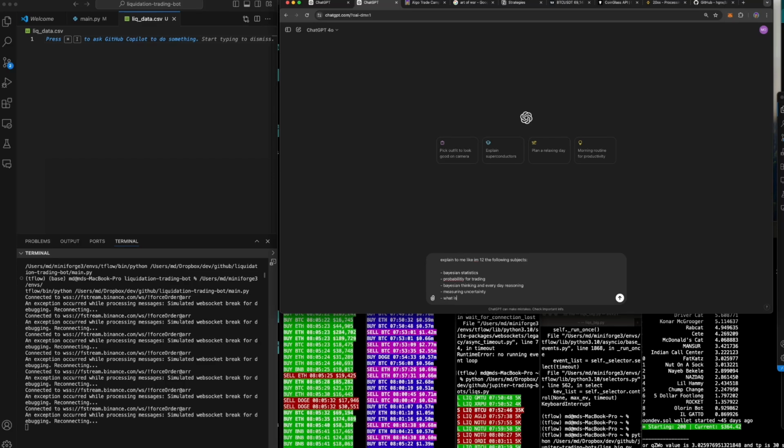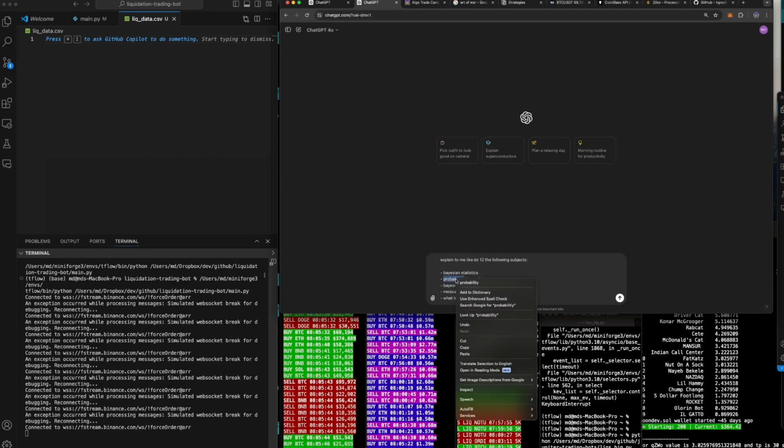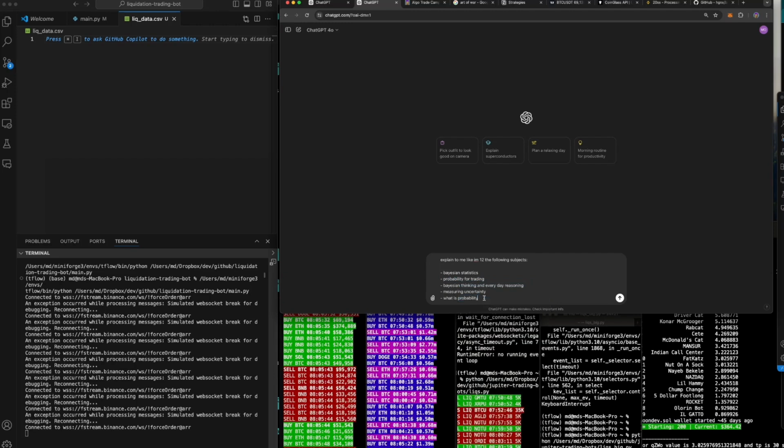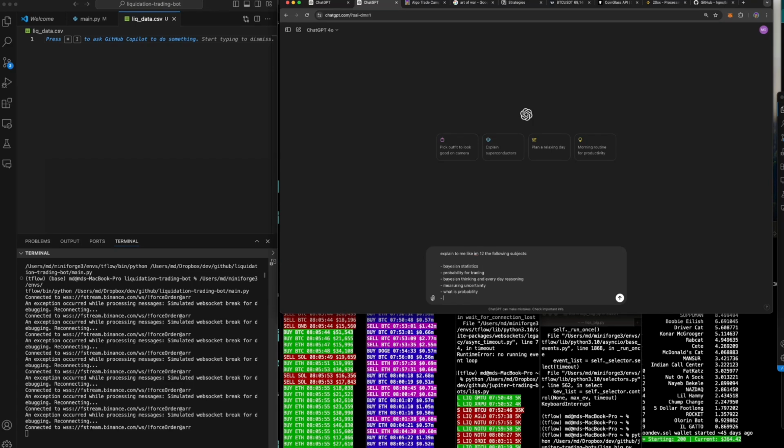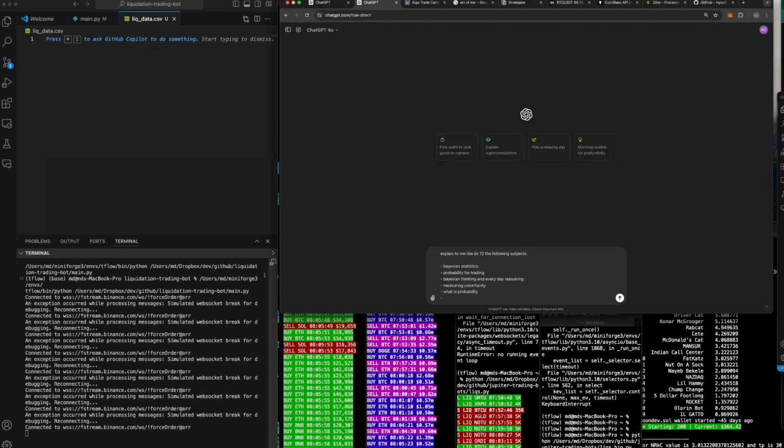What is probability? I think we know what that is, but I'm trying this new type of learning, going through a book and just understanding the table of contents first before really reading the words. Calculating probabilities for trading. And then we'll do the exercises after.